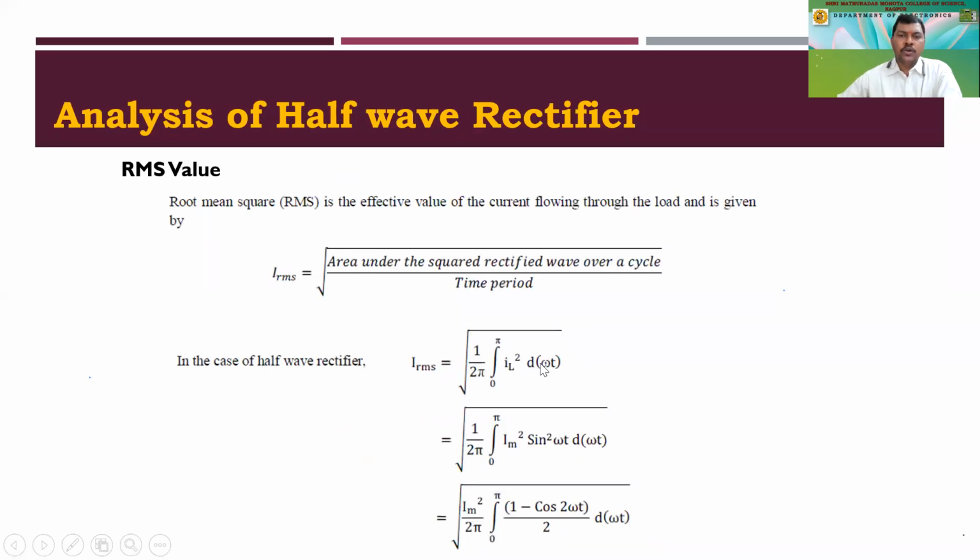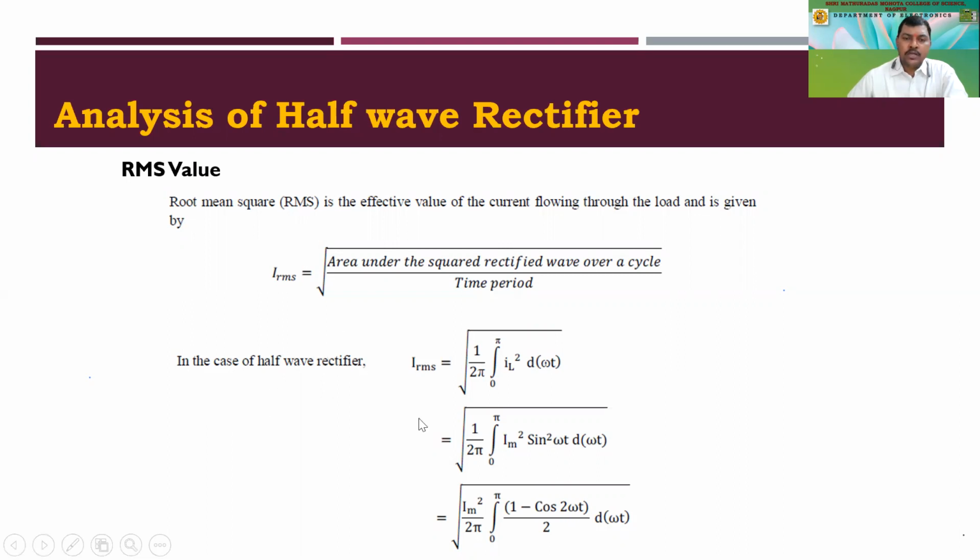Again, solving further, what would be the formula for the RMS value of the voltage? That is the root mean square value, the effective value of the current flowing through the load, given by the formula IRMS equal to the square root of the area under the squared rectified wave over a cycle divided by the time period.